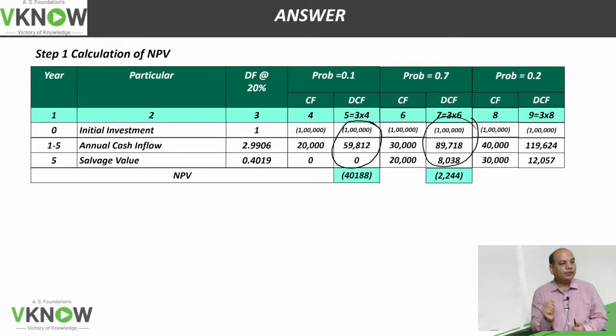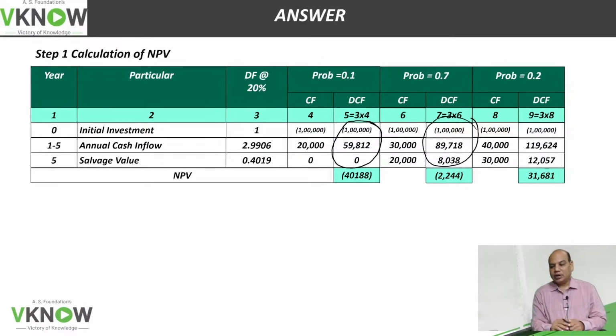Negative 2244. Is it right? Last one, come on, last one. Answer last one. 31681. 31681 positive.